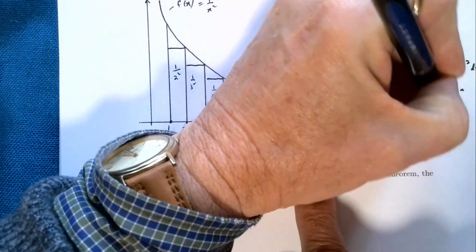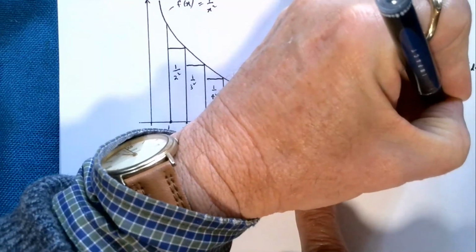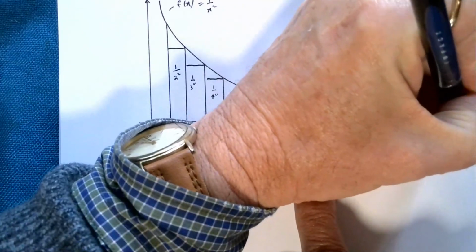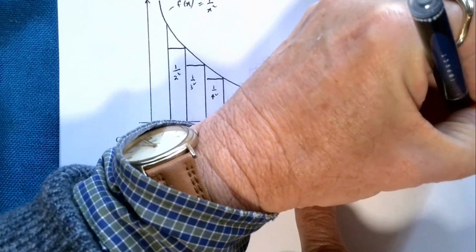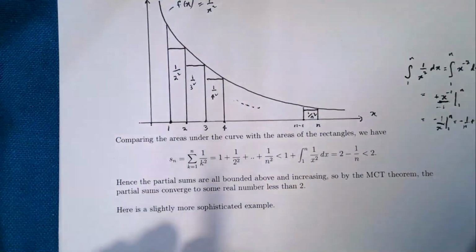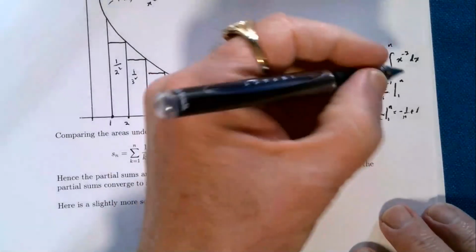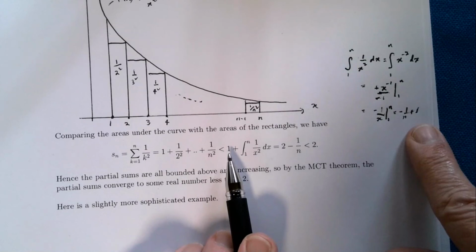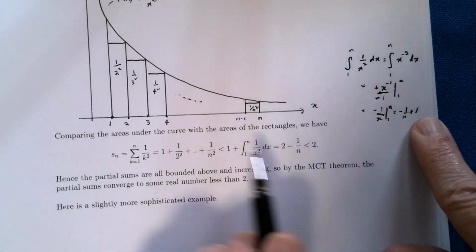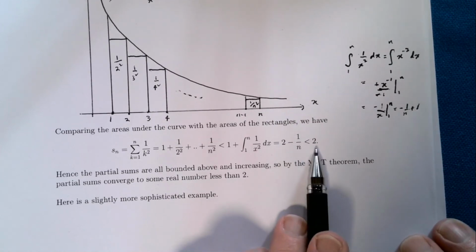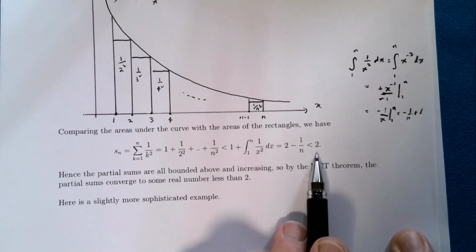So that's minus 1 on x from 1 up to n, and that's going to be minus 1 on n plus 1. So we just do a little bit of integration over the side there. You should try and do that one yourself. Just check that the integral is correct there. And then I've got 1 plus this one, so that's 2 minus 1 on n, and the point is that's less than 2.